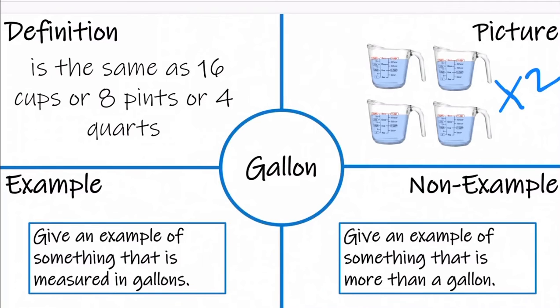All right, let's give an example of something that is more than a gallon. I don't know. A ton? Like, pound? No. And this is something that I'm surprised Go Math hasn't gone through, that there's a difference between weight and capacity. Not too much of a difference, but a difference for sure.